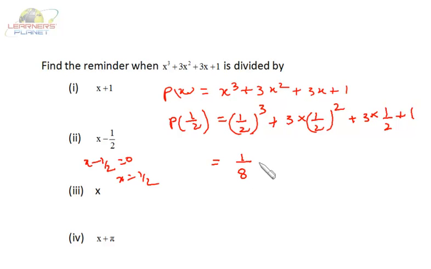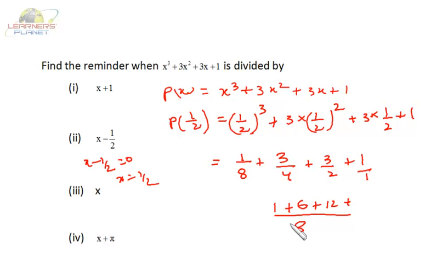It's 1 by 8 plus 3 by 4 plus 3 by 2 plus 1. So let's take LCM. It's 1 plus 4 2s are 8 and 2 3s are 6 plus 2 4s are 8 and 4 3s are 12 plus 1 8 is 8, and the denominator is 8. So what we are getting over here? 6 plus 1 is 7, 7 plus 12 is 19, 19 plus 8 is 27.